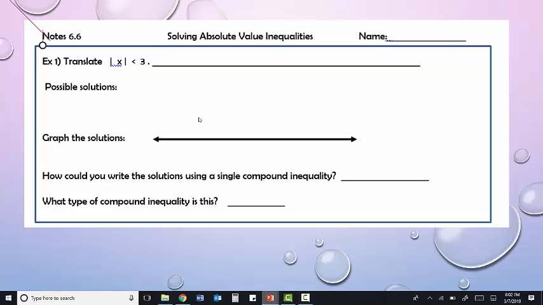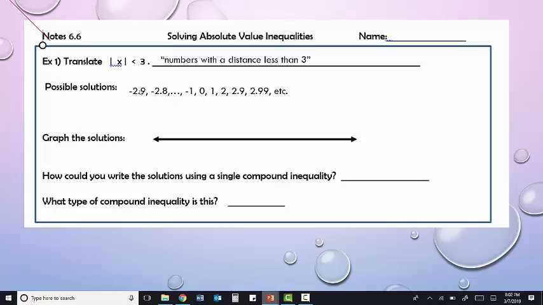So if we remember that absolute value means distance, we can think the distance to x is less than 3. So basically, x would be any number that has a distance less than 3 from 0. So if you think about the number line, you want to think numbers that are within 3 spaces of 0.